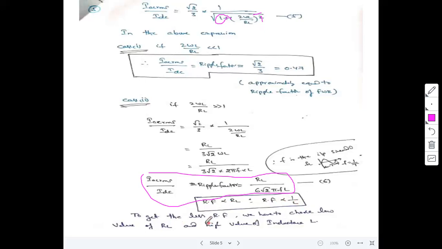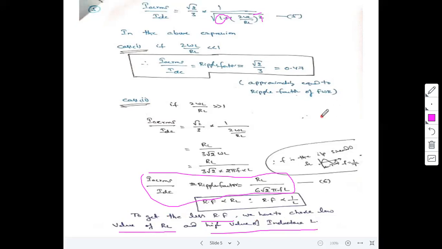The ripple factor tells how much AC component exists at the output side. That AC component is very, very small; for the ideal case it is 0, but due to the non-ideal characteristics of components, it will exist. To get a lower ripple factor, we have to choose a low value of RL and a high value of inductor. This is about the inductor filter.